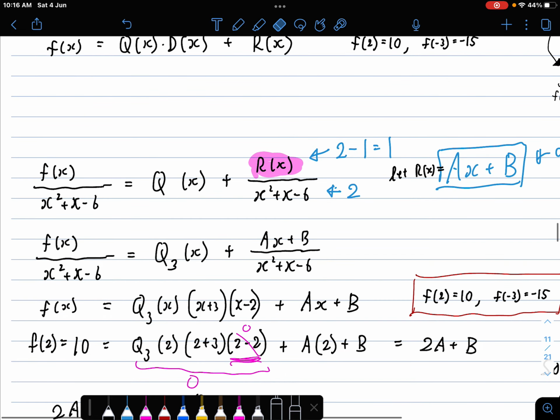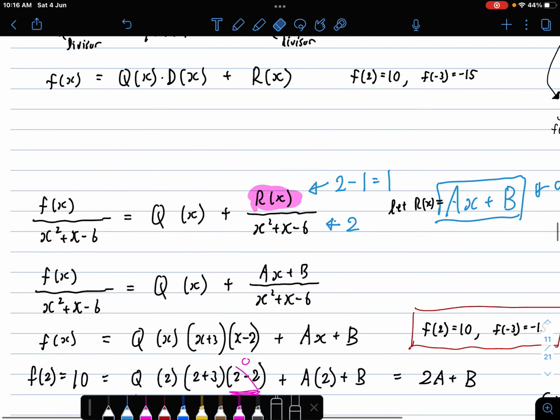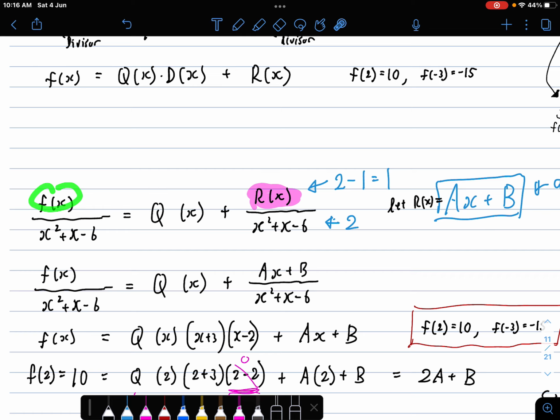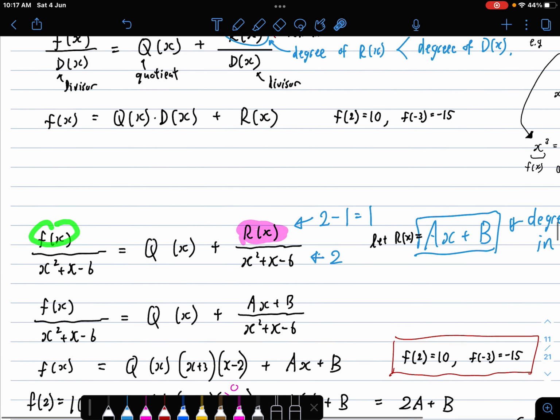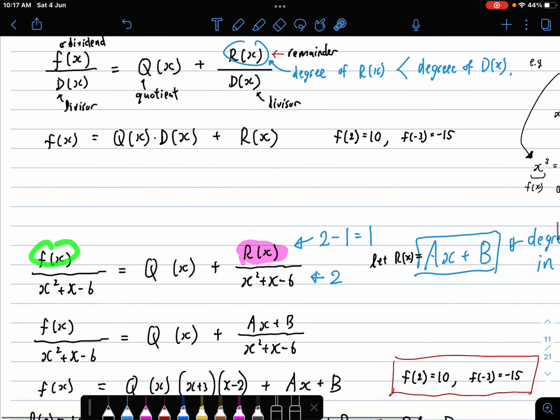Use the division algorithm above, but sub in d of x with x squared plus x minus 6. So f of x divided by x squared plus x minus 6 will be equal to some quotient q of x, we don't need to know what it is, plus the remainder r of x divided by x squared plus x minus 6. This r of x is what we are trying to find.